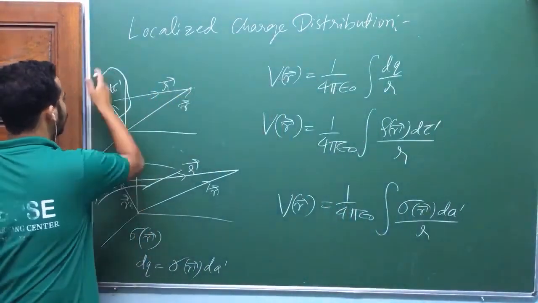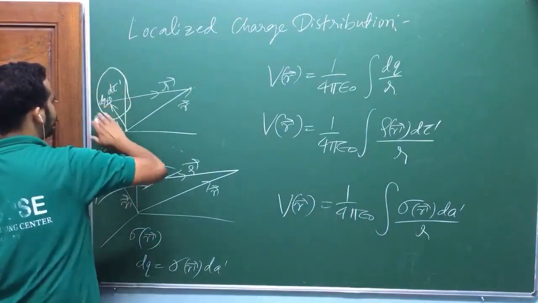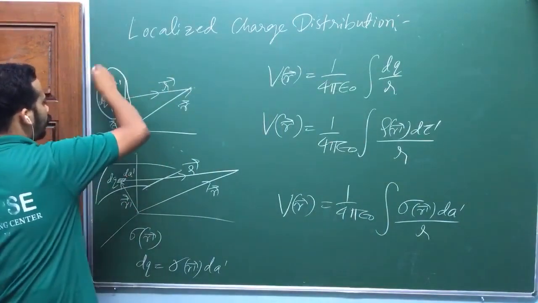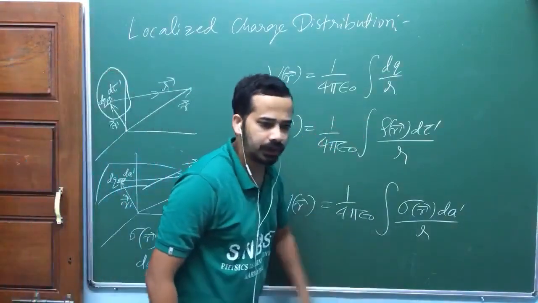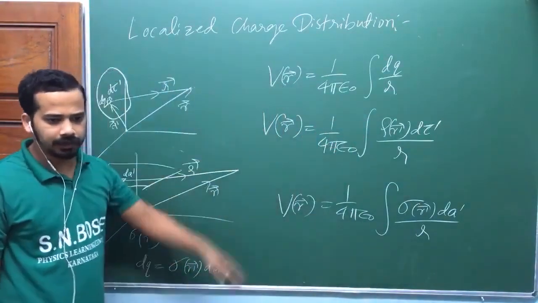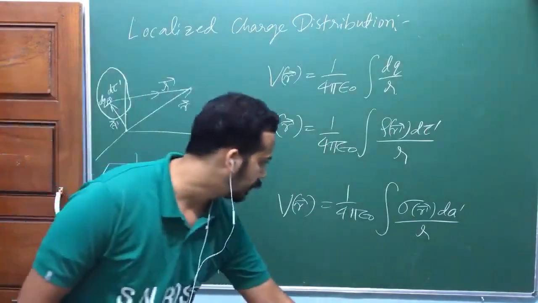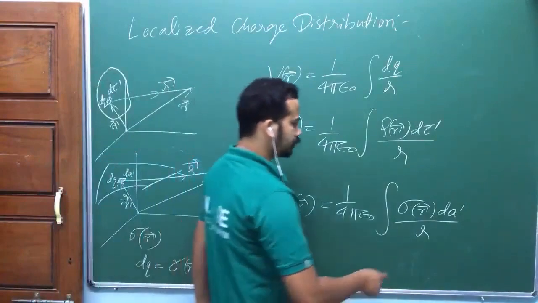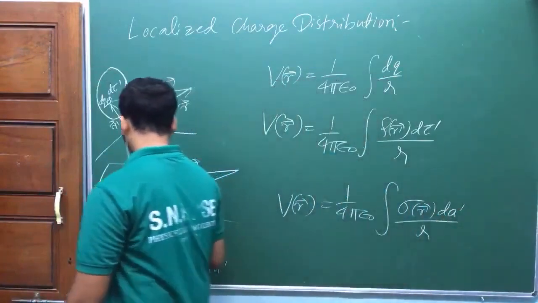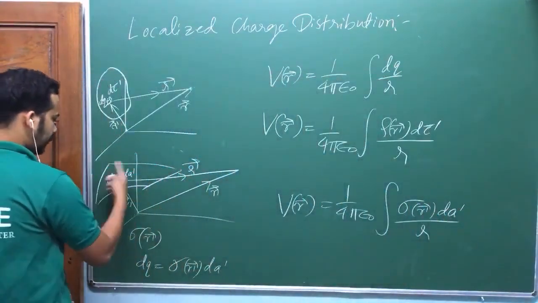That means you are sweeping over the whole region of the source charge, and at different points you may have different density. So try to grasp the idea of density properly. Yes sir. And the prime is because the integration variable is r prime.